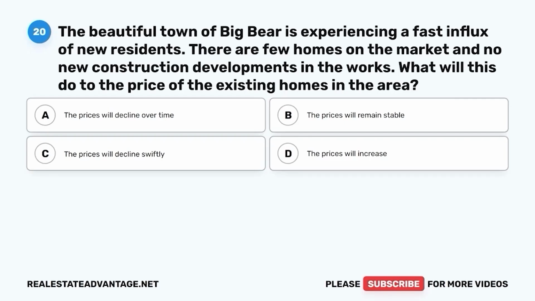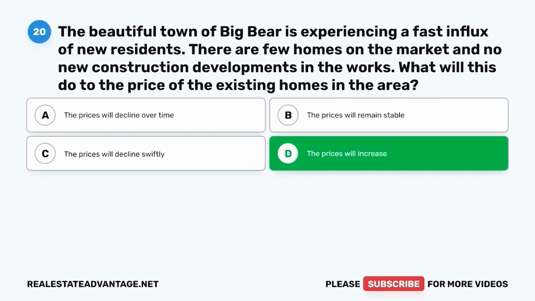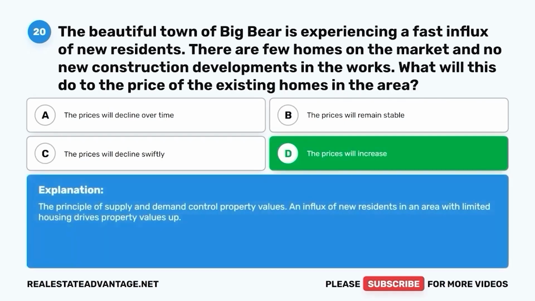B. The prices will remain stable. C. The prices will decline swiftly. D. The prices will increase. The correct answer is D. The prices will increase. The principle of supply and demand controls property values. An influx of new residents in an area with limited housing drives property values up.